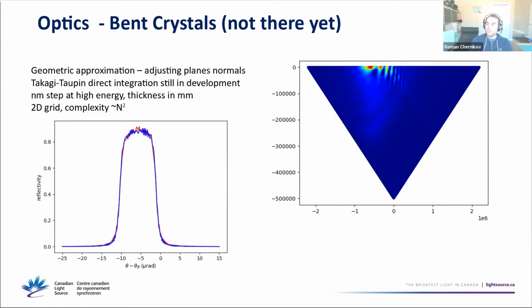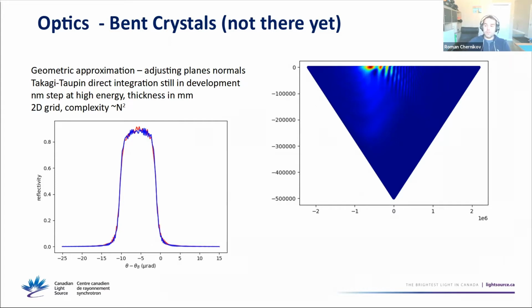So we don't take into account all the tensions that are happening inside the crystal so far in the current version of the code. We've done some experiments in direct integration of the Takagi-Taupin equations, both for spherical waves and plane waves. Plane waves give you the reflectivity curves. If you work with spherical waves, they give you a real distribution of intensity of the diffracted beam.